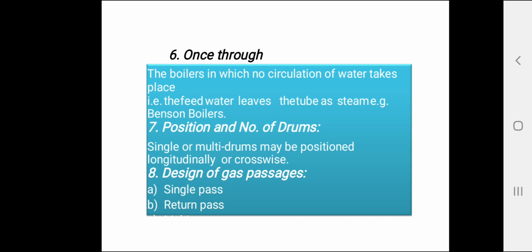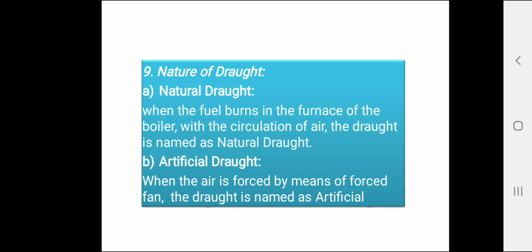Then the ninth classification is nature of draught. Draught means the exhaust gases leaving from the boiler. That is due to natural draught. If the height is more, there is natural draught.